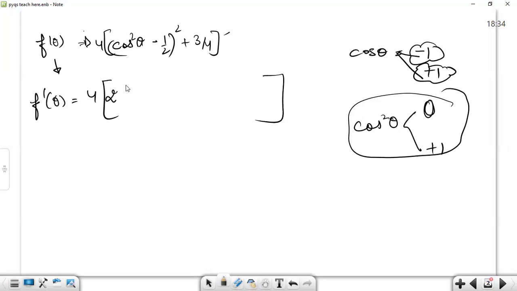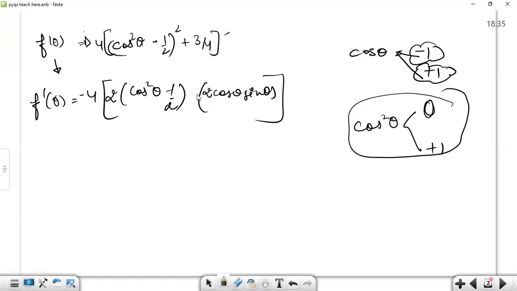Its derivative will be 2 into cos square theta. Half's derivative is 0, and cos square's derivative is 2 cos theta into minus of sine theta. And there's also a minus sign here.